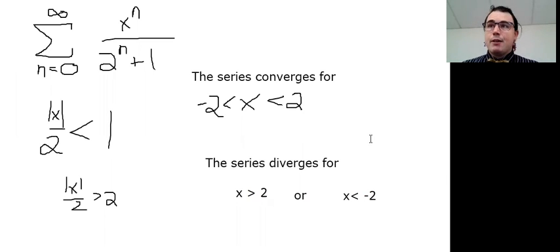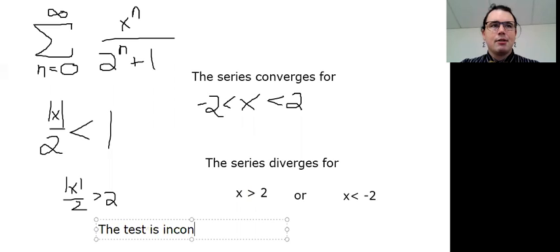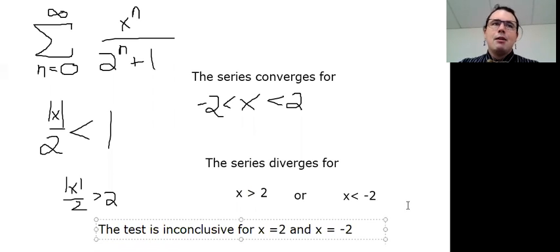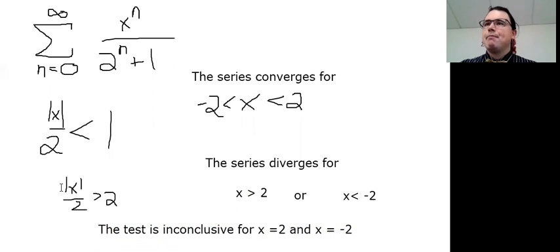But notice that there's also the inconclusive result. If I'm going to use the ratio test or the root test for this kind of work, I have to say that the test is inconclusive for x equals 2 and for x equals -2. Both of these values of x, when I put them into my formula, I get a limit of exactly 1.